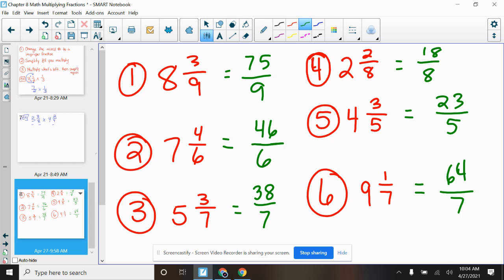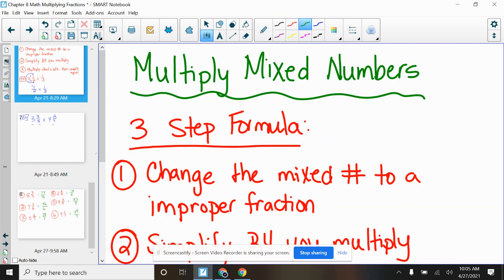So you know how to turn mixed numbers into improper fractions. And you also know that if you do that, you don't have to simplify because it would go right back where it started, right? So when we look at our 3 steps, step 1 says to change that mixed number to an improper fraction. Does everybody in here know how to do that now? Yeah.